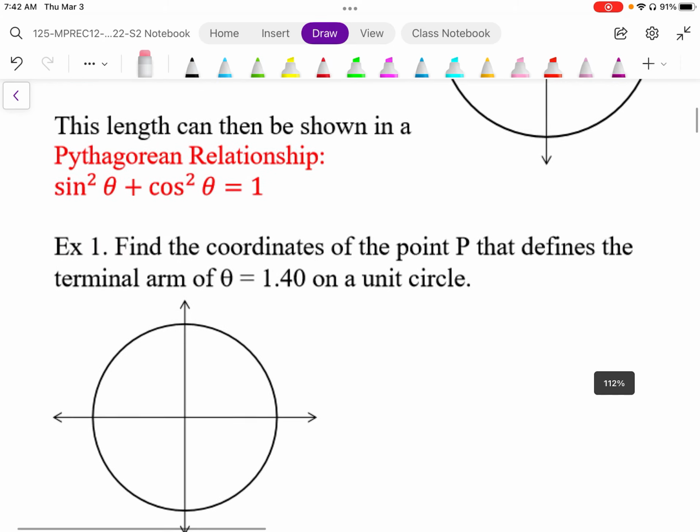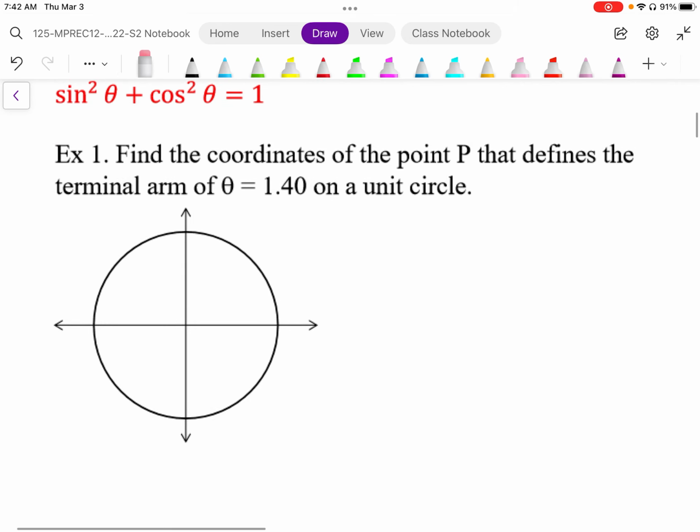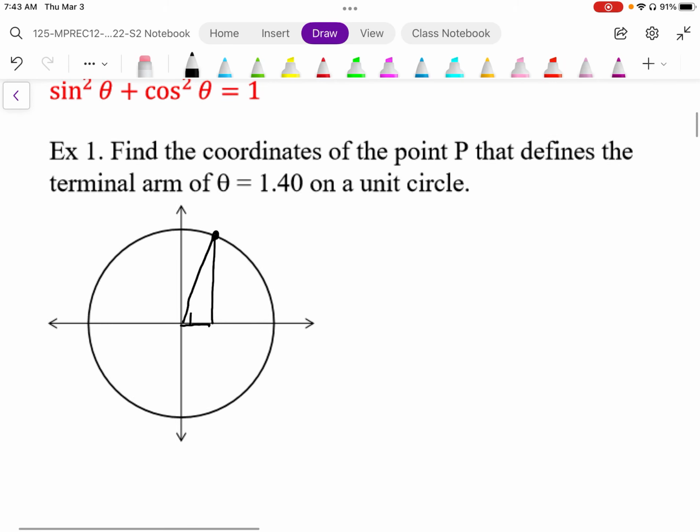So how do we apply this unit circle? Well, if we take a look at the unit circle here, we're going to find the angle 1.4. So angle 1.4 is maybe right about here. Okay, I can draw my triangle here. My angle here is 1.4. And what I can do is this point P is now defined on that unit circle with radius 1.